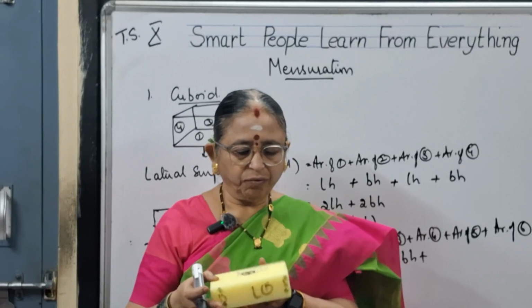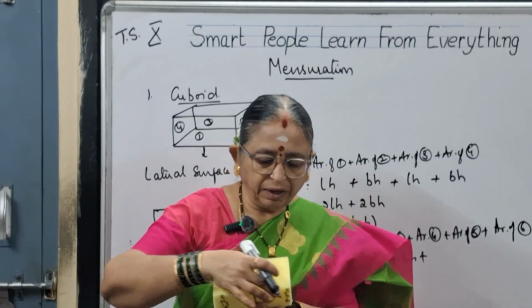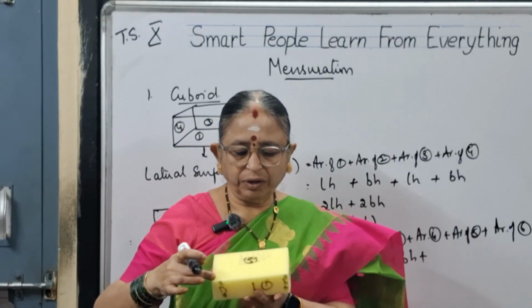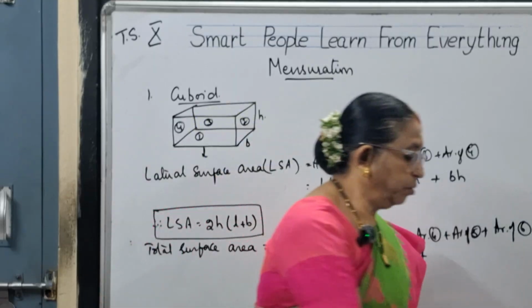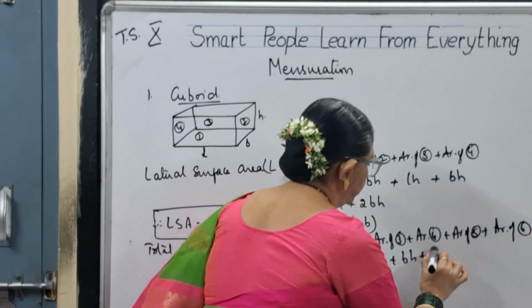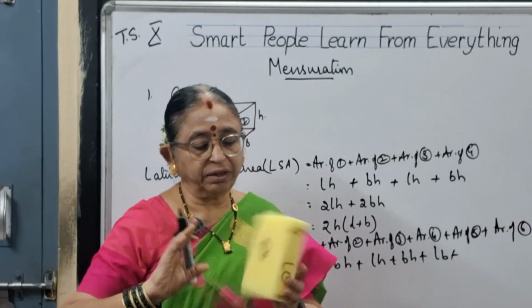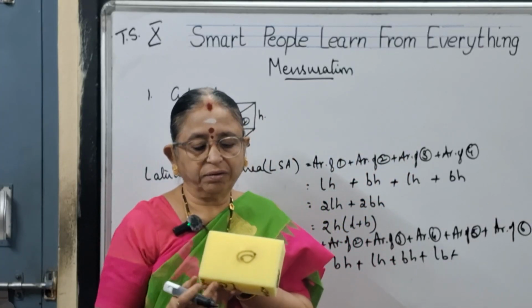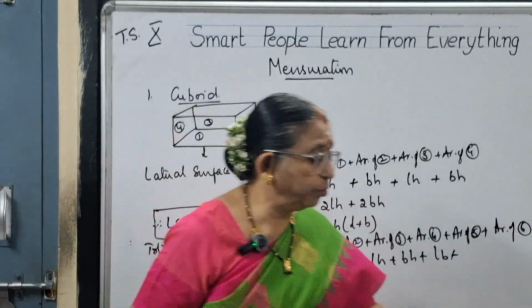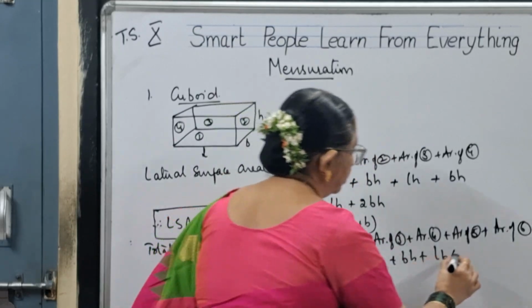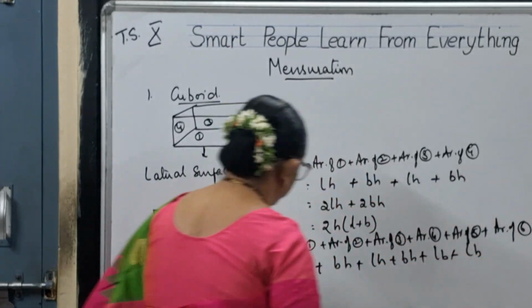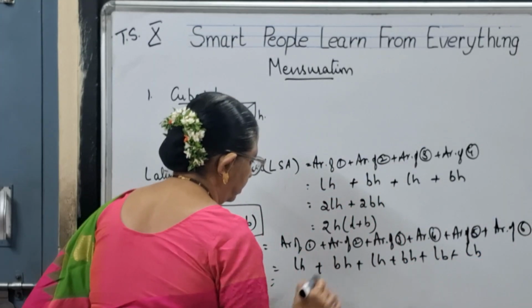This area, what you will be considered, this is L, this is B. So L into B, you'll be getting it as L into B plus even sixth one, this one, sixth one also L into B. So what are you getting here?